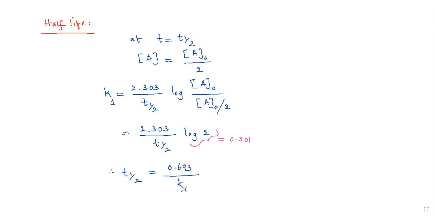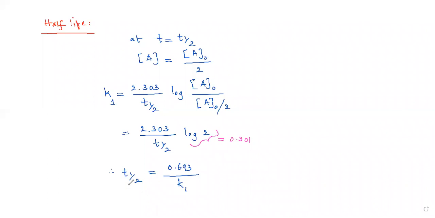See, there is no concentration term. I mean, no initial concentration term. If you observe the T half expression for zeroth order, T half was directly proportional to A naught.